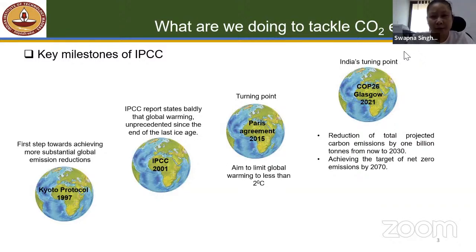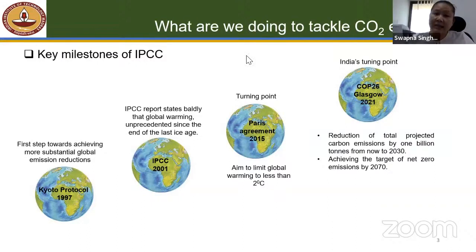The turning point for climate change came at the Paris Agreement, which is 2015, where almost all the countries realized it. Between 2001 and 2015, many countries came together, but finally the turning point came when the Paris Agreement was signed, and all the countries aimed to limit global warming to less than 2 degrees centigrade.